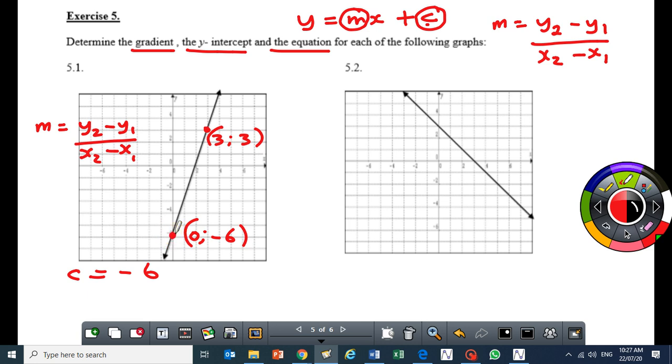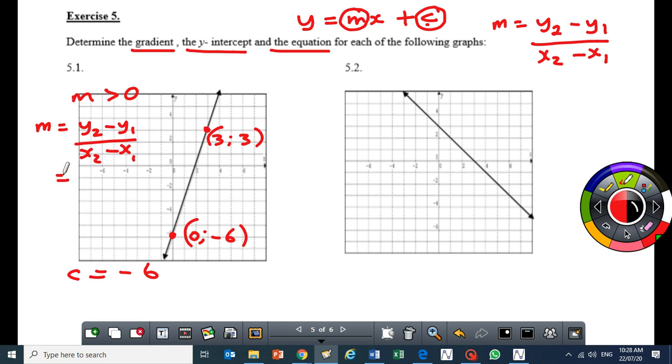Just as a hint, you can see that the straight line is slanting to the right. Since the straight line is slanting to the right, when I calculate, m must be greater than 0, which means m must be positive. You can't get a negative gradient if the straight line has such an orientation. So you need to know that as well.